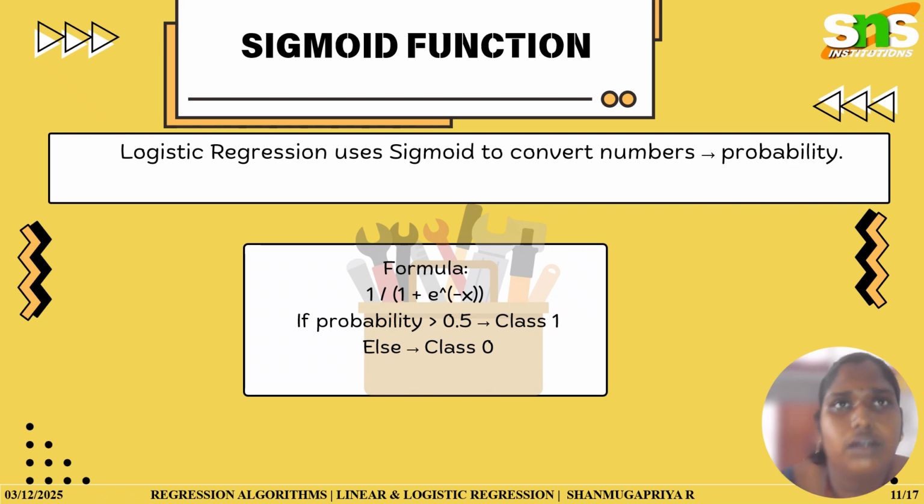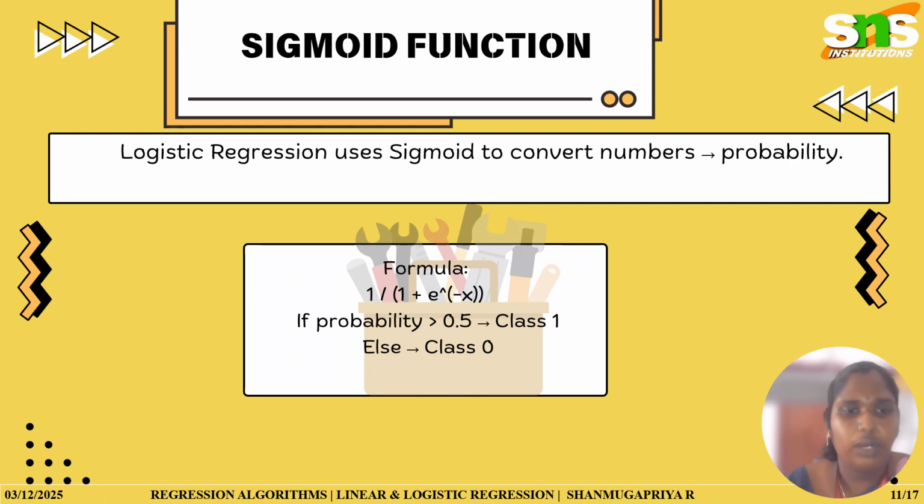Logistic regression uses the sigmoid function. In a previous video we saw that we use the kernel trick for the SVM model. For logistic regression, we use the sigmoid function. The sigmoid function converts a number into a probability.